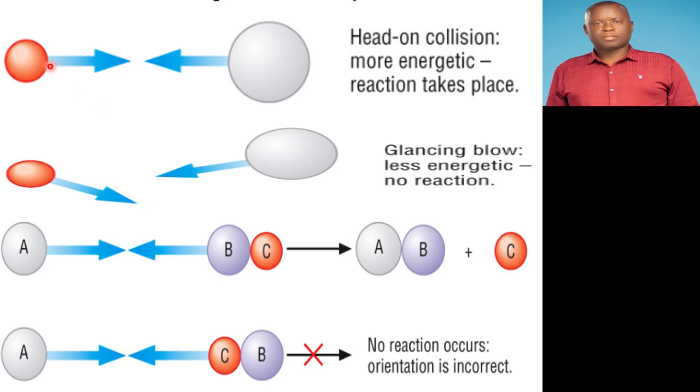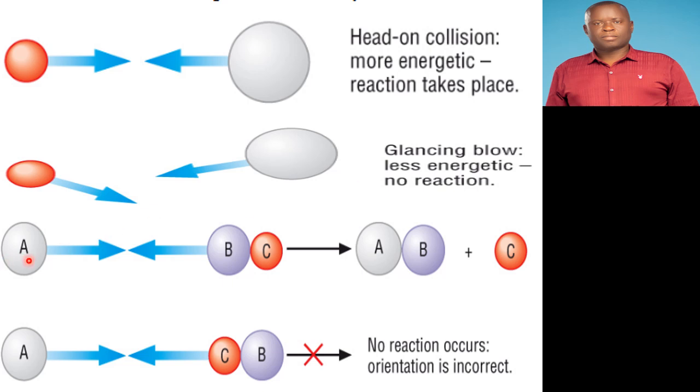So we are saying the particles must hit each other in a head-on arrangement with enough energy. Then a chemical reaction is going to happen. But if they simply collide in a glancing blow, if you follow it, they may hit each other slightly there. There will be no chemical reaction.